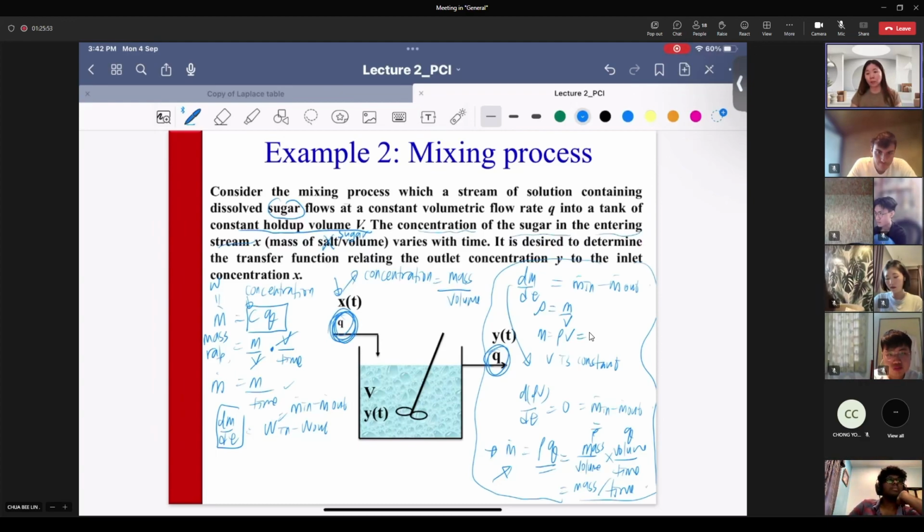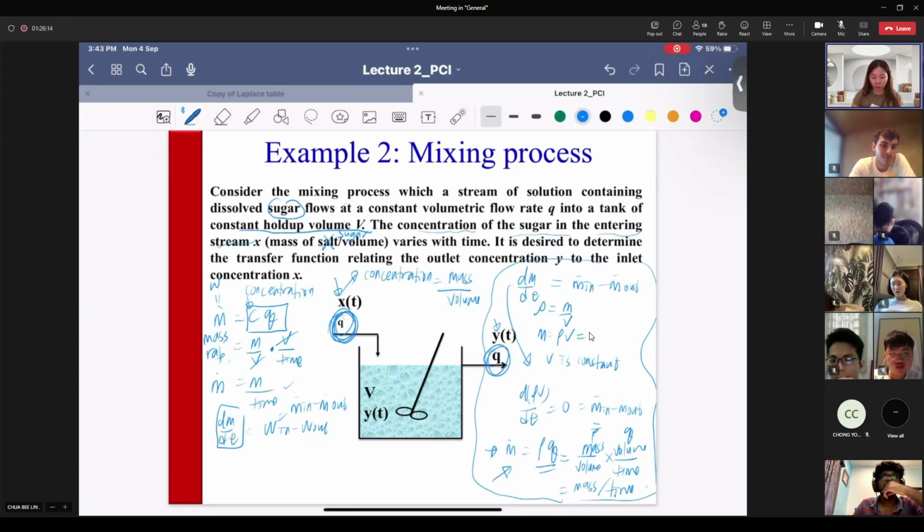They do not give me the unit, so I just relate the formula. Concentration is mass of the solid inside the liquid mixture with the volume of V, for example, mass over the volume. And Y stands for the exit concentration.